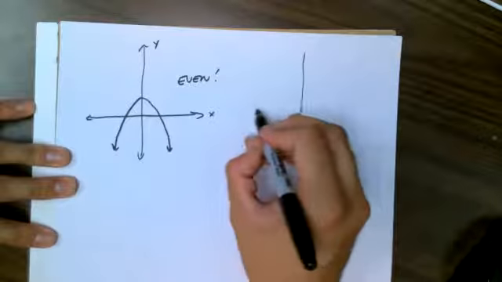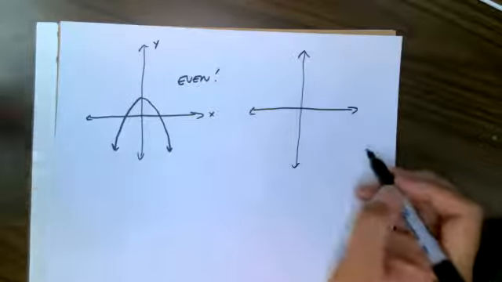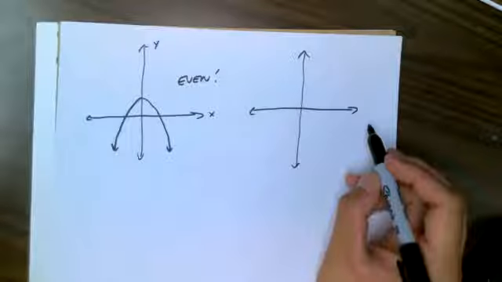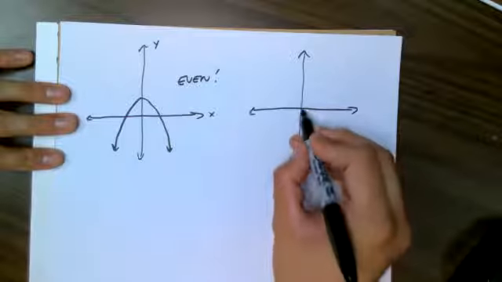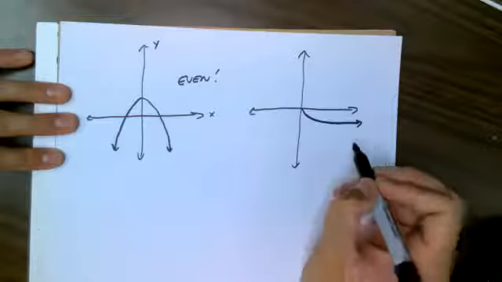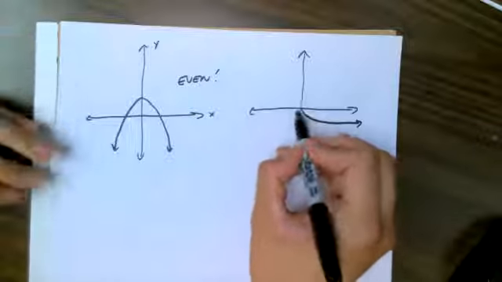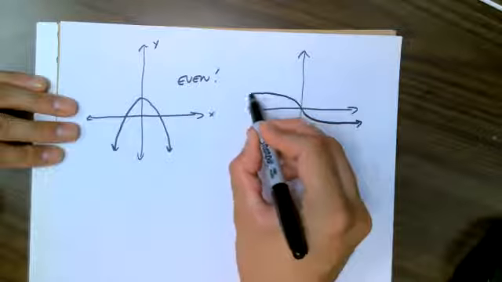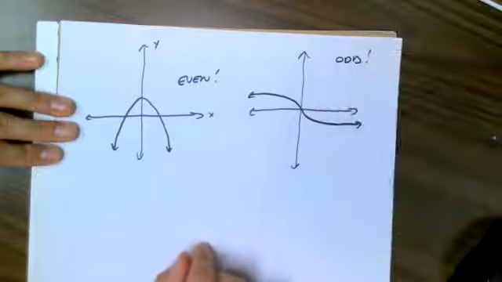If we want to draw something odd, you have to think catty-corner. These are kind of harder. Let's say we had something like that. Then in the opposite quadrant, we'd have to have the mirrored version of it, like so. This would be odd symmetry, okay?